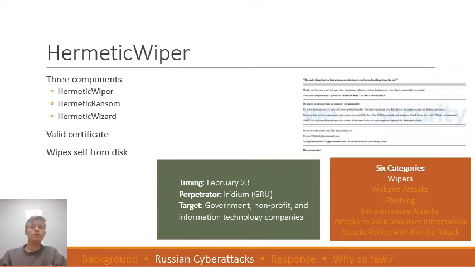You couldn't pick up the computer of someone who had been compromised by this and figure out what had happened because the program itself was no longer on the computer. So that was kind of the additional contribution of Hermetic Wiper, but other than that and the timing, pretty similar to the first wiper that we talked about.